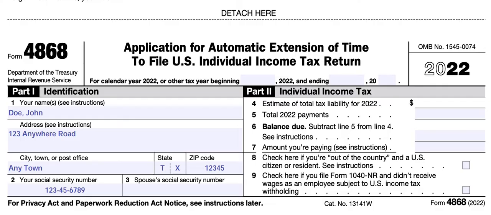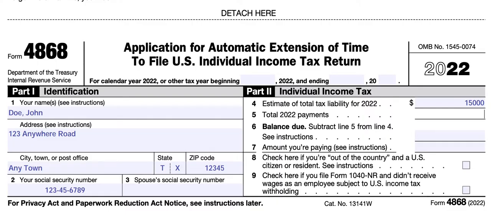So let's just say that John believes he's going to owe $15,000. This is based on his calculations. Your total 2022 tax payments simply would be whatever you've paid to date. This could be estimated payments that you've made on IRS Form 1040-ES.